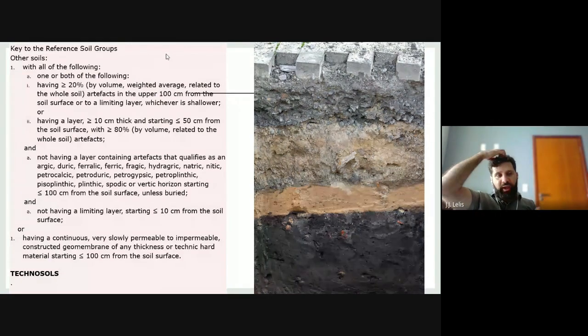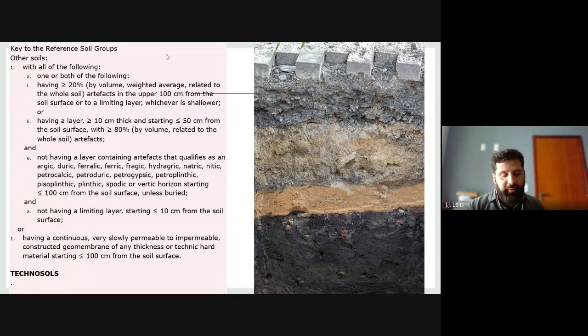And we have those soils that were created by human society, by human communities, but they are formed by modern societies. They are formed by modern humans, and because of that, they are called technosols.